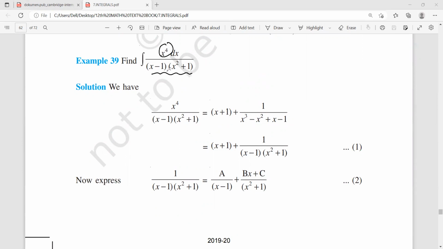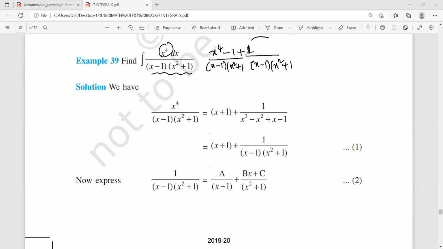You have to divide, but we can also do something else: x power 4 minus 1 plus 1 we can do also. Then we can write it as a square plus 1 minus b square, that formula. You can divide also, but this is easier. So x power 4 by x minus 1 into x square plus 1, divided, 1 by x minus 1 into x square plus 1.